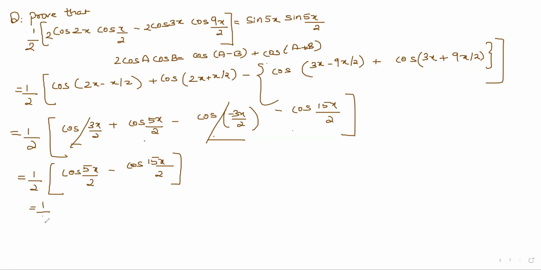You have this 1/2 minus 2 sin a plus b by 2. That means 20x by 2, that is 10x. And a minus b by 2 means 5 minus 15, so that will give minus 10x.